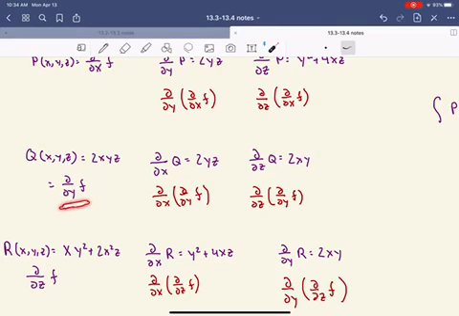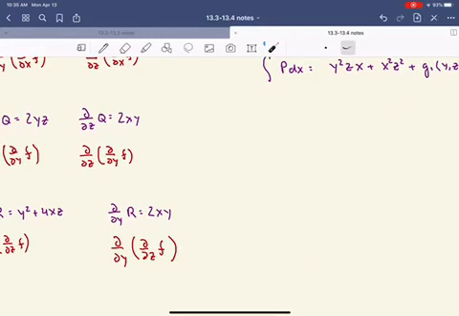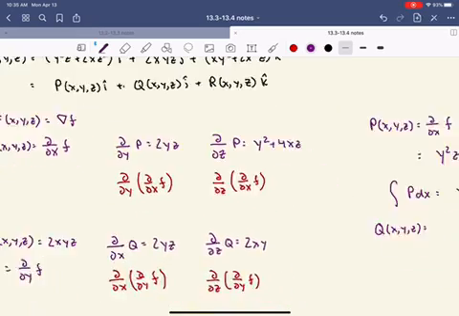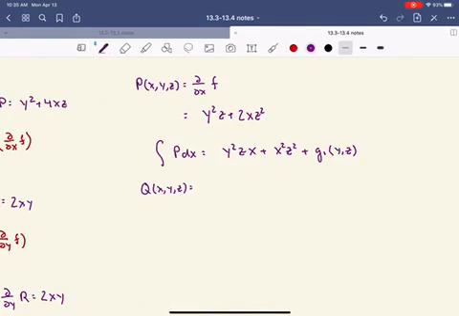is the partial of f with respect to y. So we're going to take, remember, our q in this case is 2xyz, which is the partial with respect to y of our as yet unknown scalar function f.